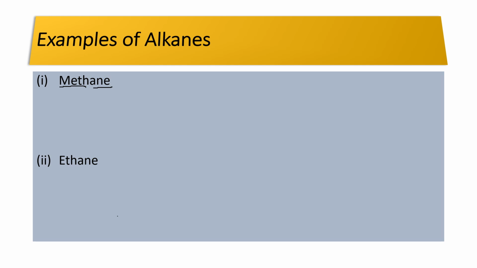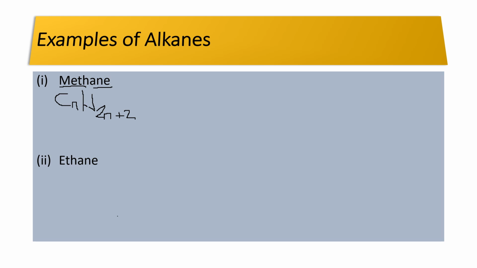Methane is an alkane. Now, let's come up with a chemical formula. We use the formula which we are given: CnH2n+2. This is the chemical formula for alkanes, where n is the number of carbon atoms from the prefix.